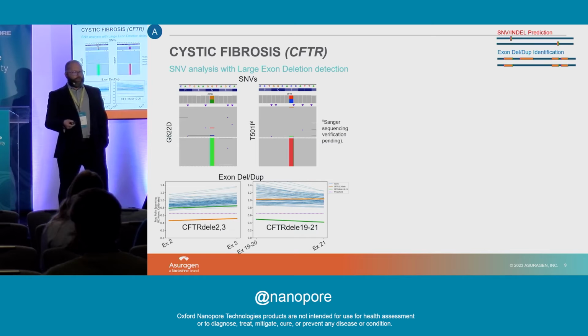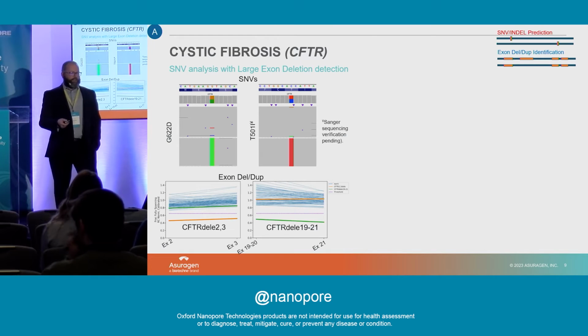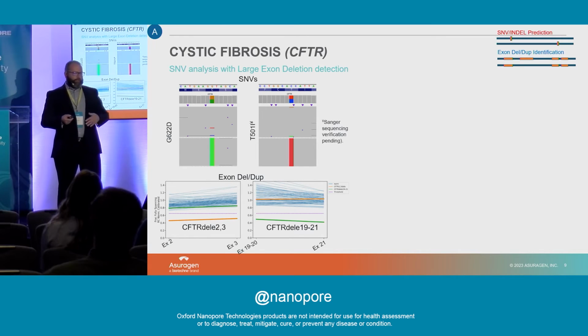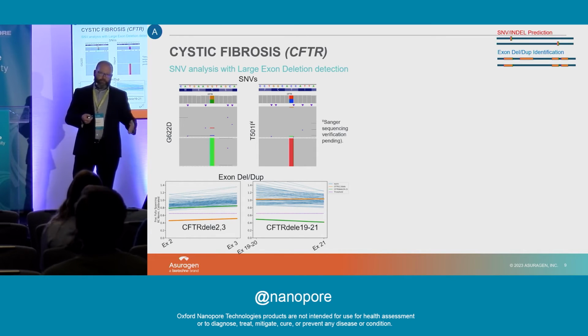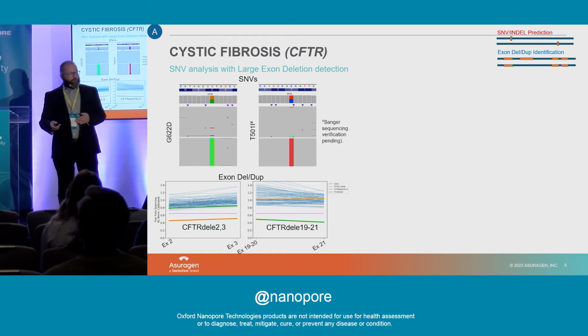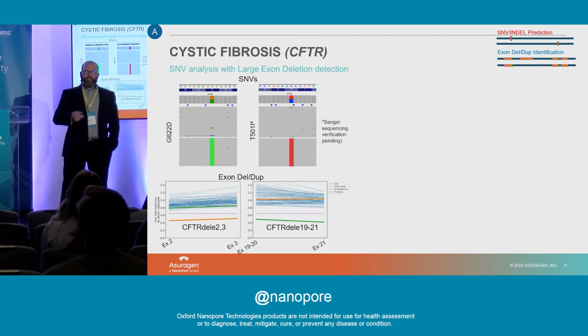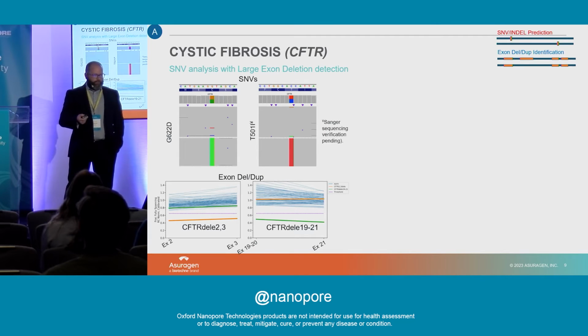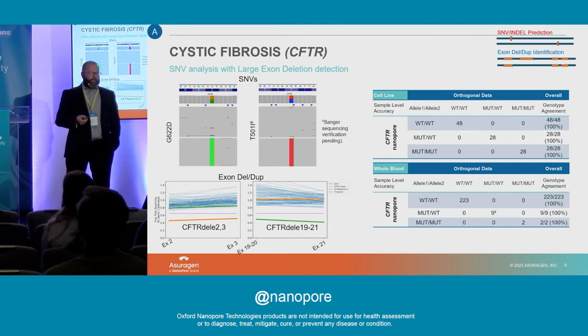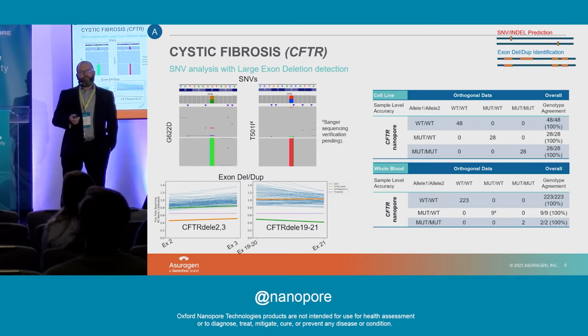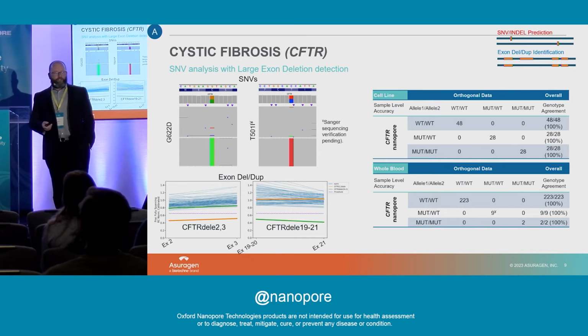All the other wild type samples fall above that, including a sample that has a CFTR DELI19 to 20 large exon deletion. It falls with the normals when you're looking at exons 2 and 3. When you're looking at exons 19 and 20 and exon 21, you can see the DELI19 and 20 sample falls below the line and everything else is above. So across the board, we've got 100% variant agreement with our known expected variants that we've identified.